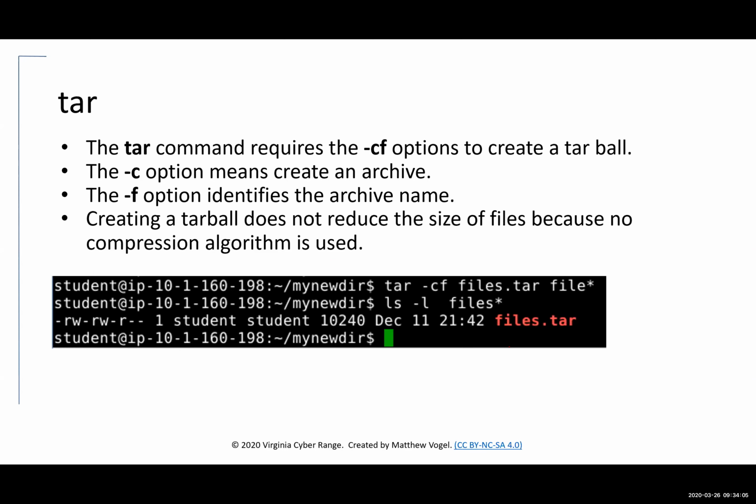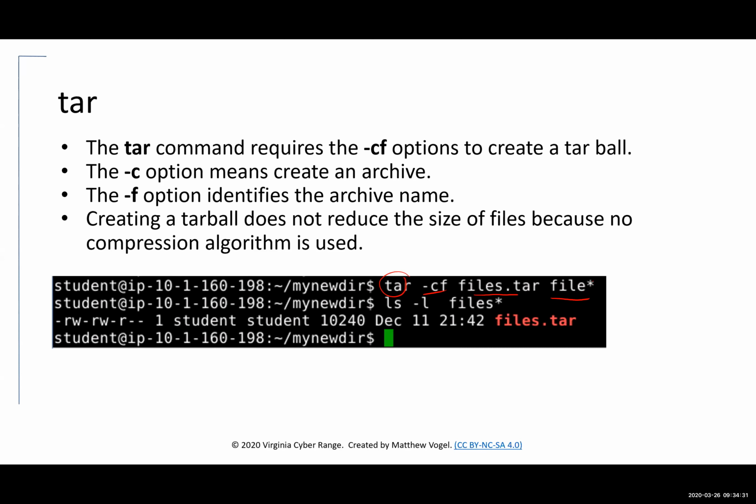Okay, so here's an example. We're using the tar command, tar -cf. So remember the c means create, the f means the name of the tarball file, so files.tar. And then in here, we're archiving all files that have this format, right?